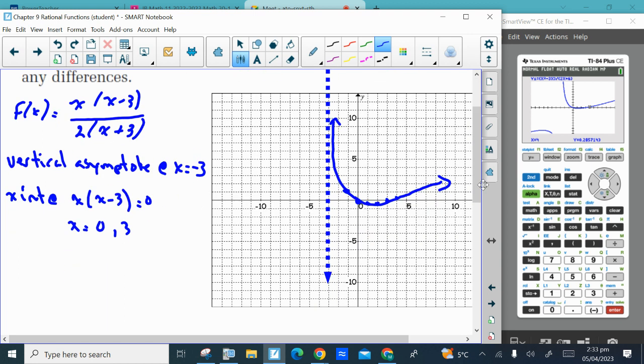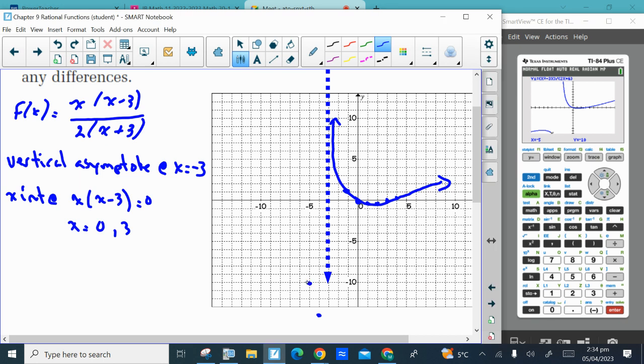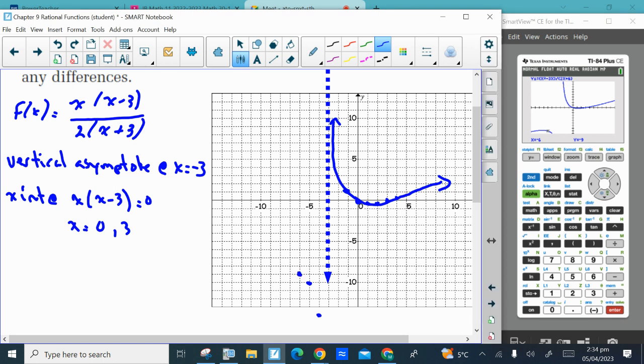For the other arm, we can start choosing values of x less than negative 3. Negative 4 is negative 14. Negative 5 is negative 10. Negative 6 is negative 9. Negative 7 is negative 8.75.